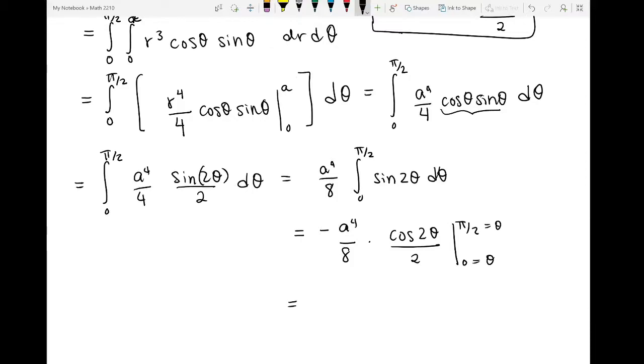And now I'll shove that in everywhere I see theta. So I have minus a to the 4th over 8 cosine 2 times pi halves, which is just pi, so that will be cosine pi, minus, if I plug in 0 everywhere, minus a to the 4th over 8. I'm just going to factor that out, and this will be cosine at 0, over 2.